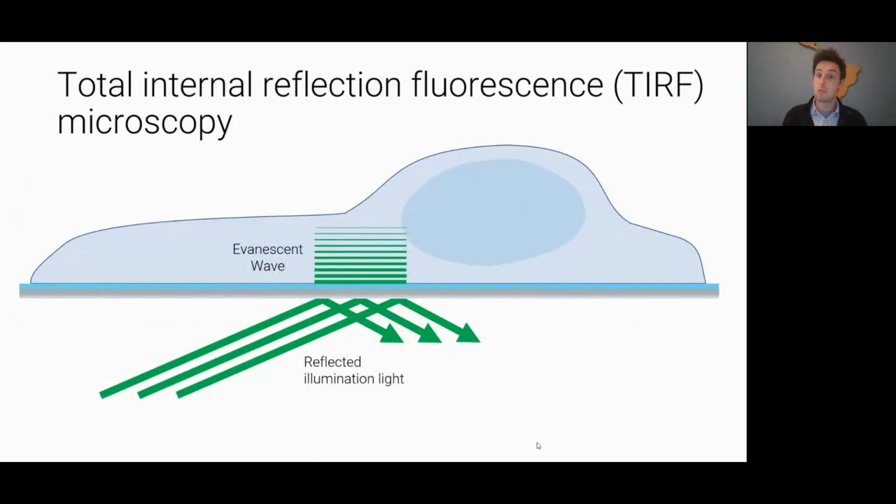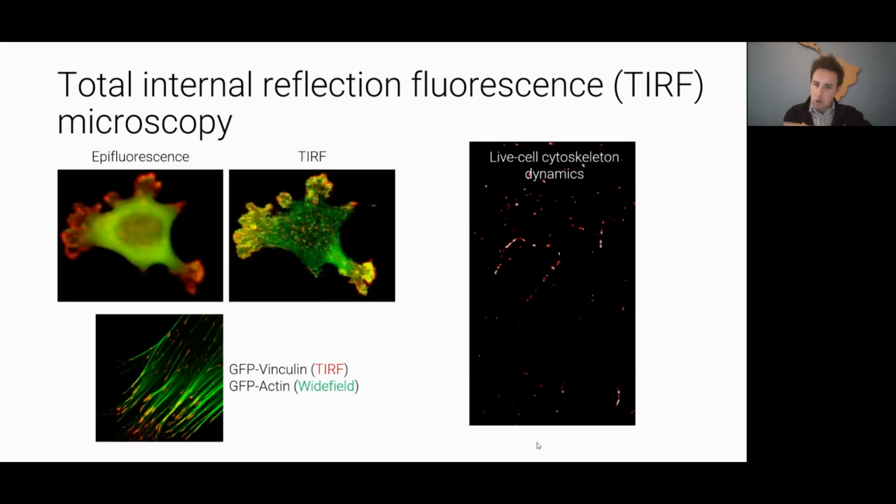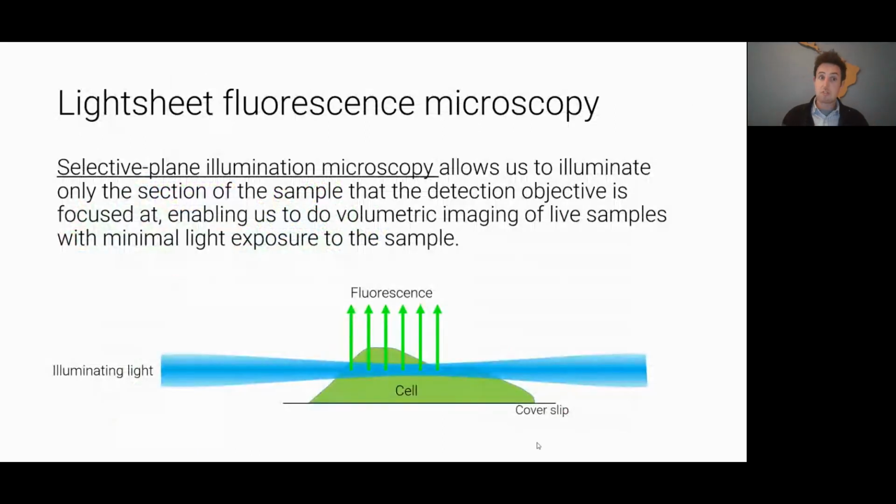One also gets what's called TIRF, or total internal reflection fluorescence microscopy. This can be very useful for thicker specimens to look at exactly what is on the cover slip, what is the closest to the lens there. And that's wonderful for measuring, say, cytoskeletal dynamics. One can also use light sheet microscopy, or so-called selective plane illumination microscopy.